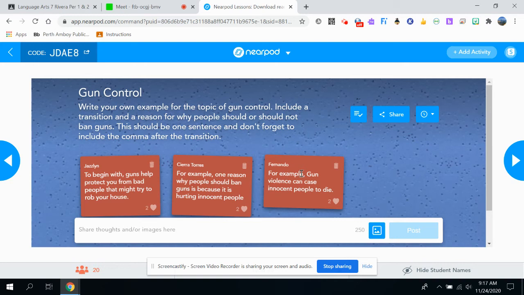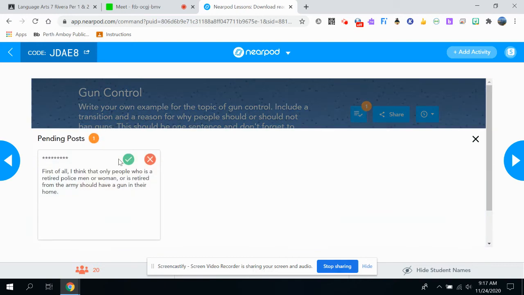Still missing a bunch of people. Make sure you are doing this. Transition, reason. I've only got 3 people so far. There should be a lot more than 3 people.